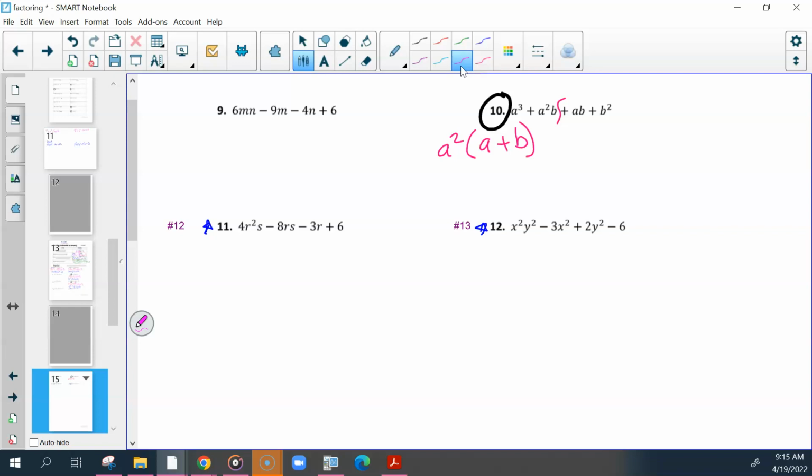Find a to the third plus a to the squared. Yeah. Who does not have that?